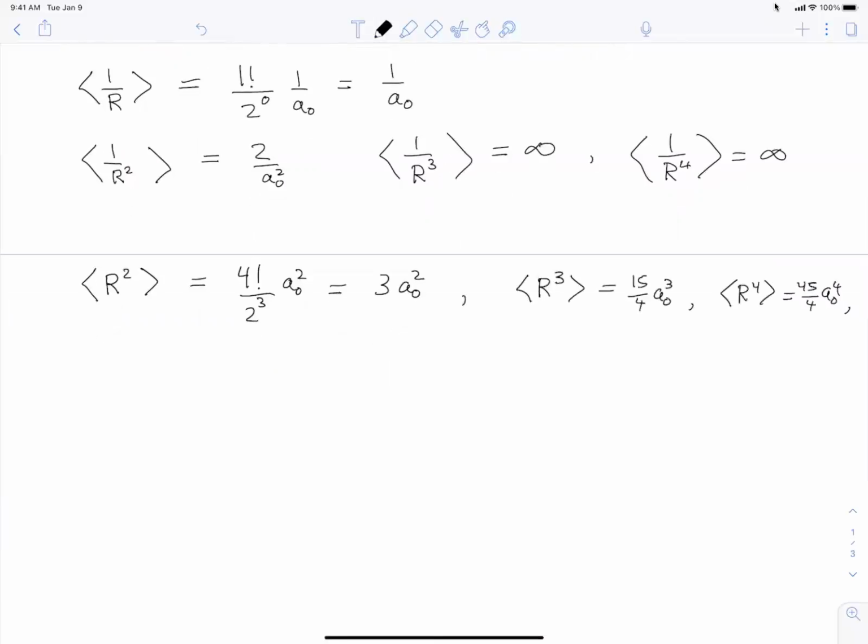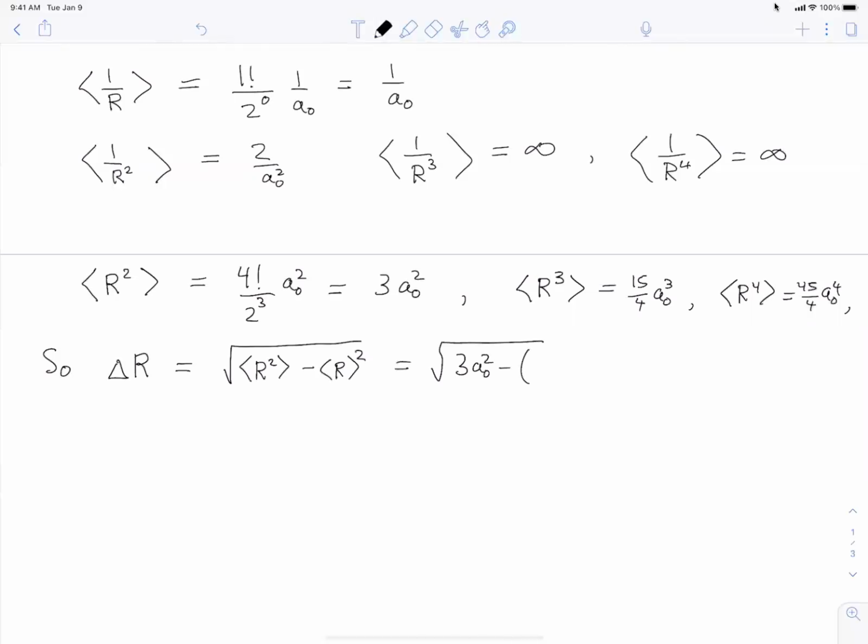So now one thing we can do is calculate the uncertainty in the radial coordinate. For that, we go back to our general formula for uncertainties, which looks like that. Okay, and then plugging in the results we found, that's the square root of 3 Bohr radius squared minus the square of 3/2 the Bohr radius.